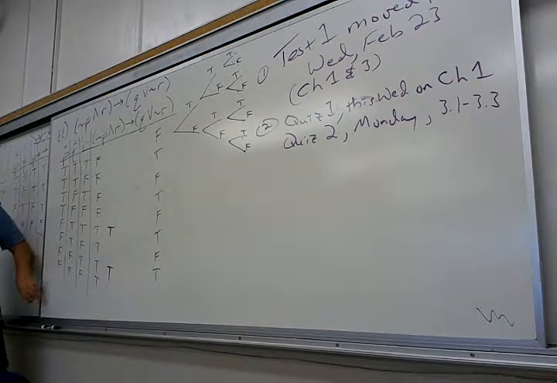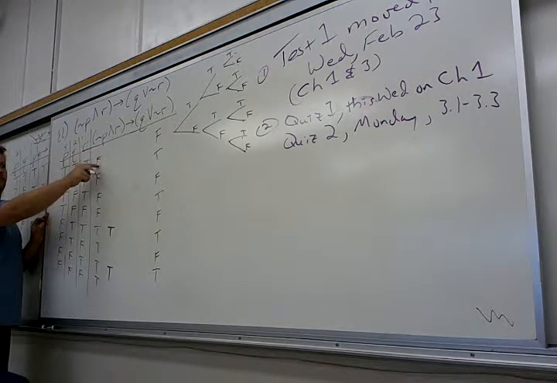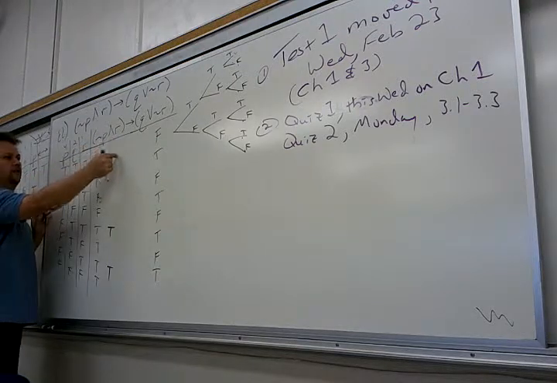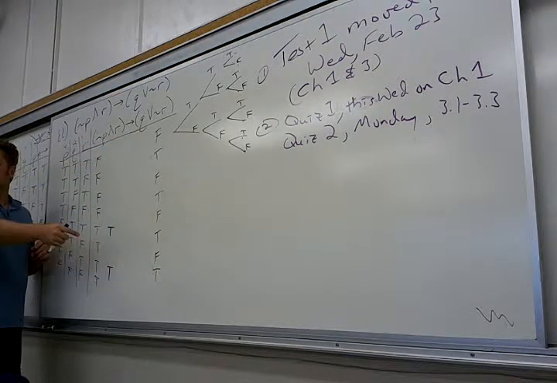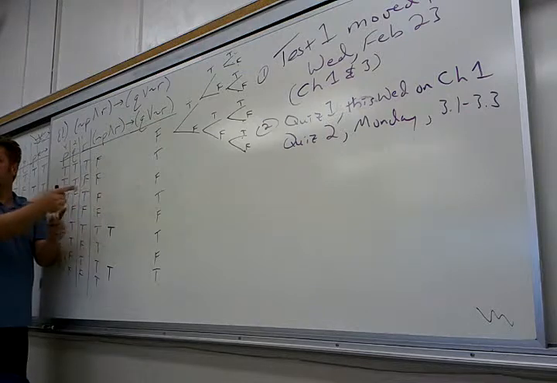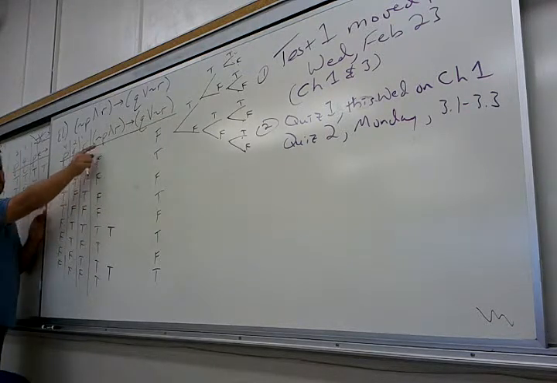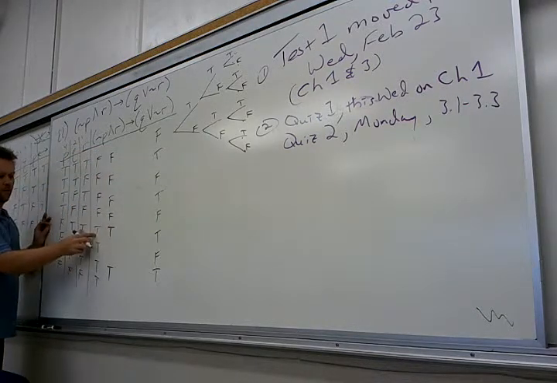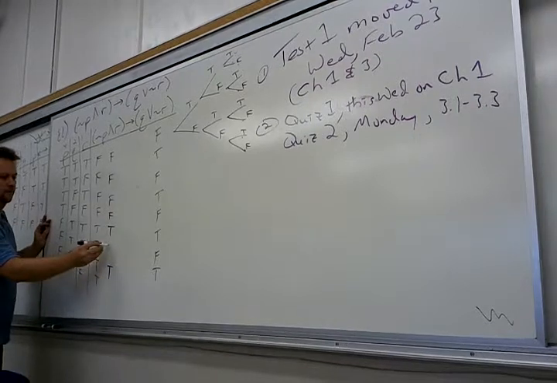We're anding not P and R. So it's all about making sure you're looking at the right place. If you need to, please, dear God, go ahead and write the R's down here. So then you know exactly where to look, right? Does everybody see I'm just looking at these? I'm looking at not P, and R. So this is false, everything else is false, except here they're both true, and here they're both true.